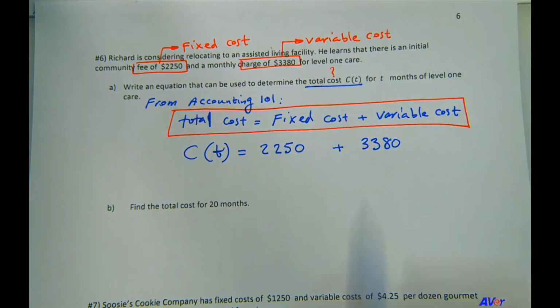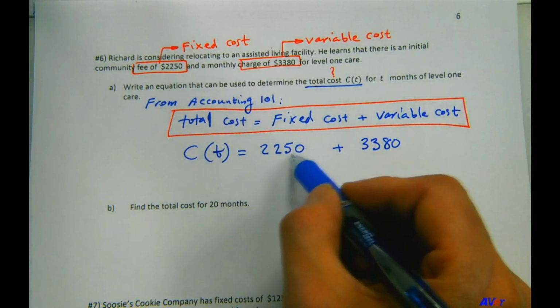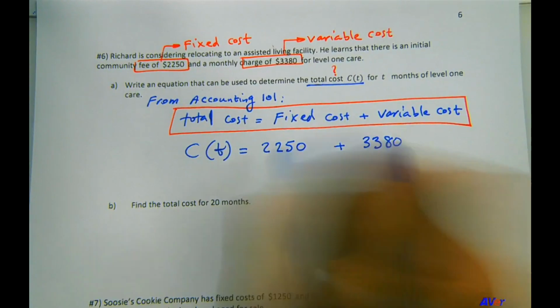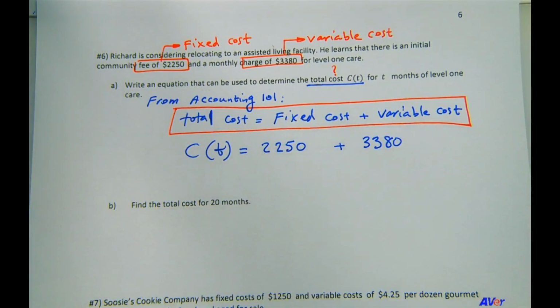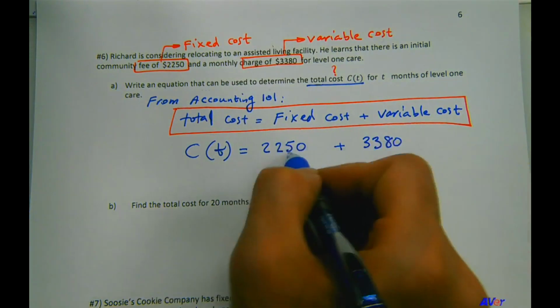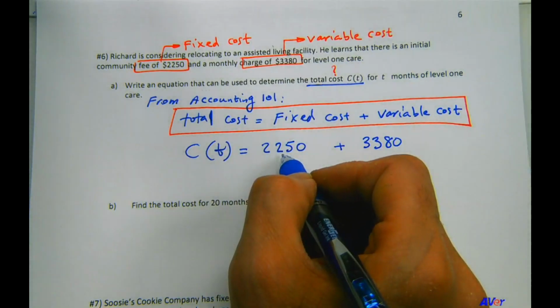Now I intentionally left the variable T off. The variable T should be attached either to this quantity or to this quantity. To which quantity should it be attached? Have you made that decision yet in your own solution? I hope so. It should be attached to this one, not to the fixed cost. Fixed cost is not depending on time or the number of months.